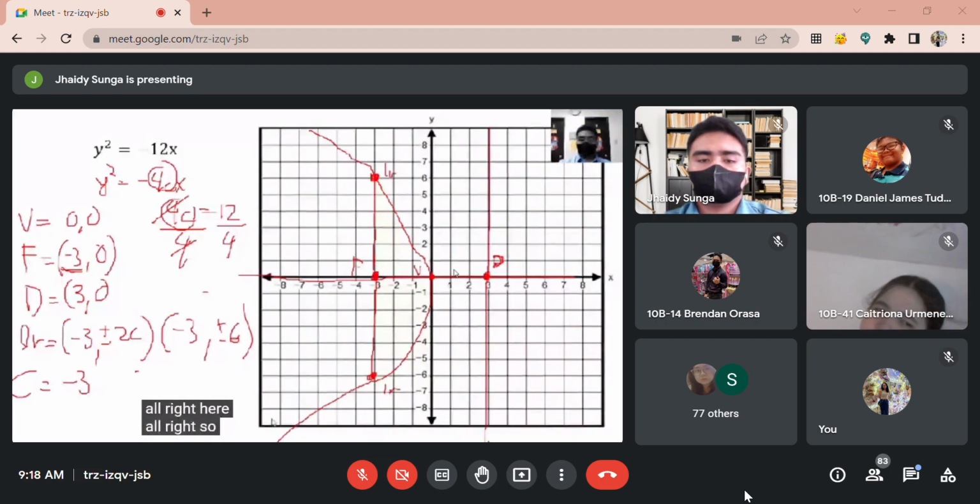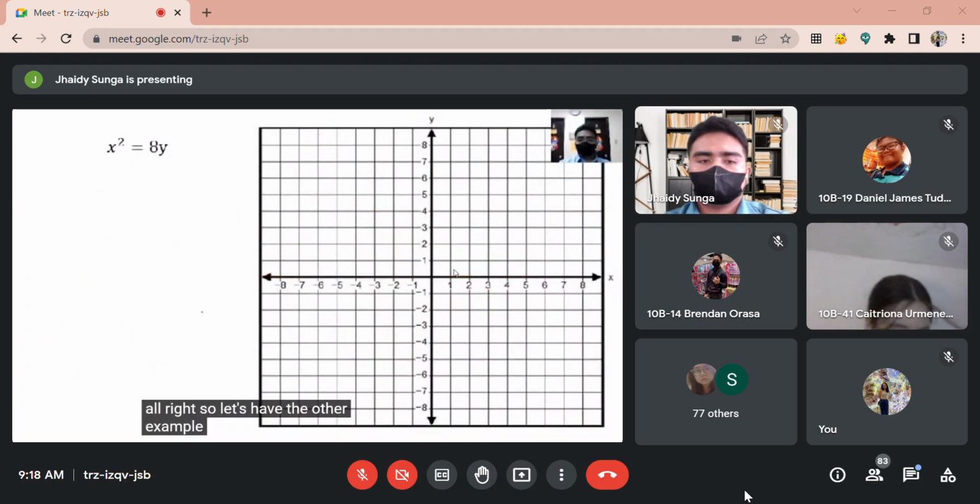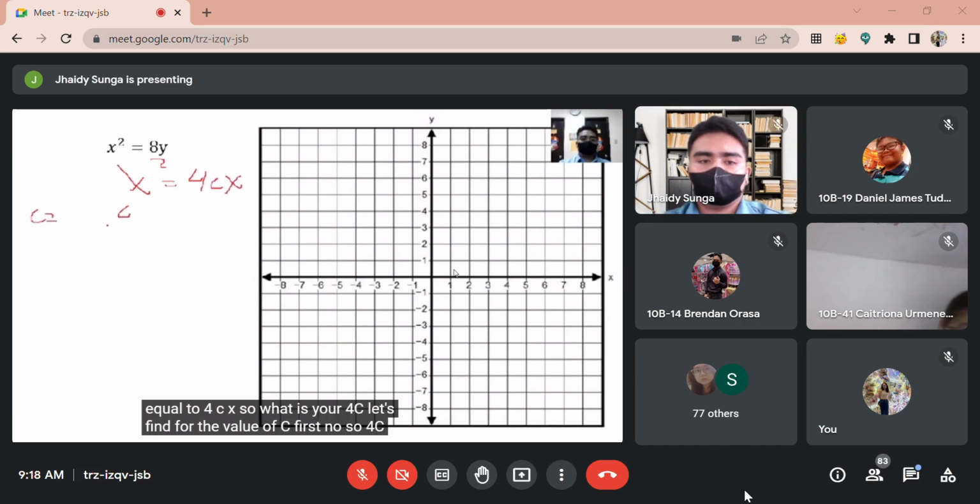All right, so let's have the other example. For x squared is equal to 8y, it goes by the form x squared is equal to 4cy. So what is your 4c? Let's find the value of c first. 4c is equal to 8.